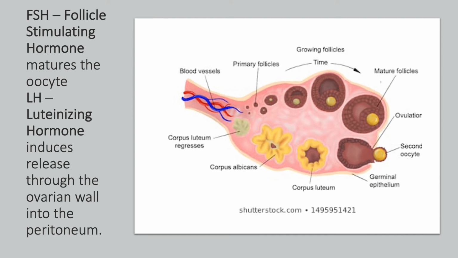into an oocyte. And then luteinizing hormone causes the oocyte to be expelled through the ovarian wall into the peritoneal cavity, where it's picked up by the infundibulum. So you have a fixed number of cells.